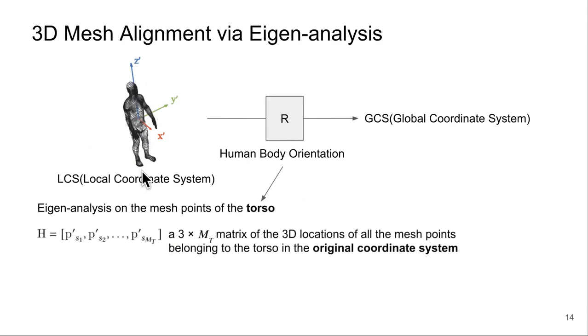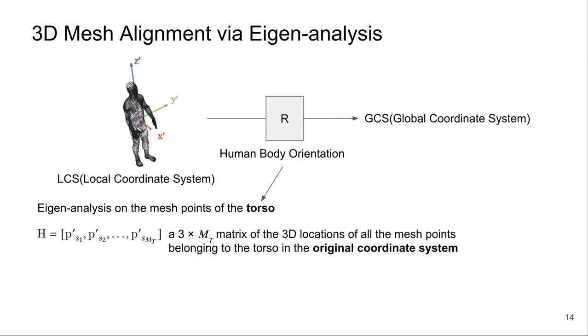Now imagine we have some points of a flat plane in a coordinate system. It would be trivial to figure out the normal of that plane. With that intuition, our torso, the central flat part of our body, acts like this plane. Now we have a 3 by N matrix of the 3D locations of all the mesh points belonging to the torso in the original coordinate system.